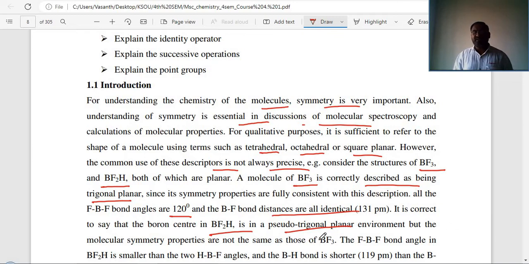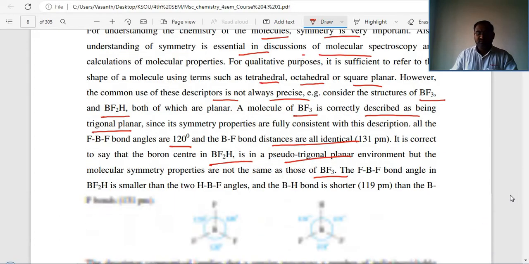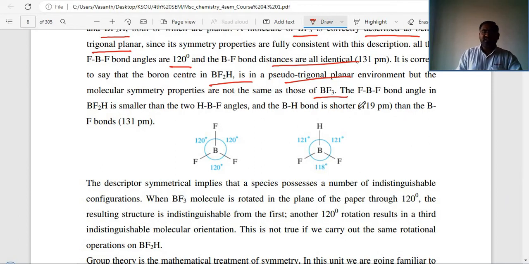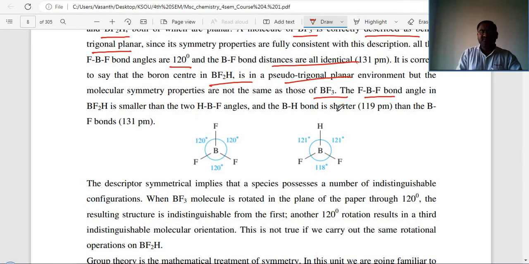But the molecular symmetry properties are not the same as those of the BF3 molecule. We consider bond angle and bond length here. In the BF3 molecule the bond angle is 120, but in BF2H it is 121. Bond angle is 120 in all directions in BF3, but here there are variations. Bond length also varies.